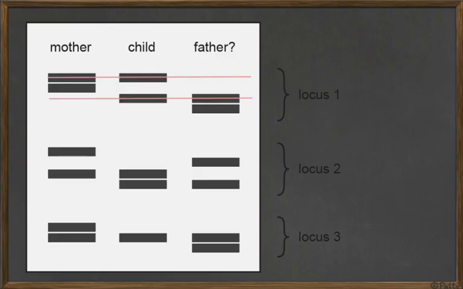This fragment here in the child matches the one in the father. This here matches with the mother, this here matches with the father, and this here matches with both of them, which may mean that the child has it from the mother or from the father, or the child can have two identical copies. Then we can say that this is the mother and this is possibly the father because they match. This is a couple that could be the parents of the child.